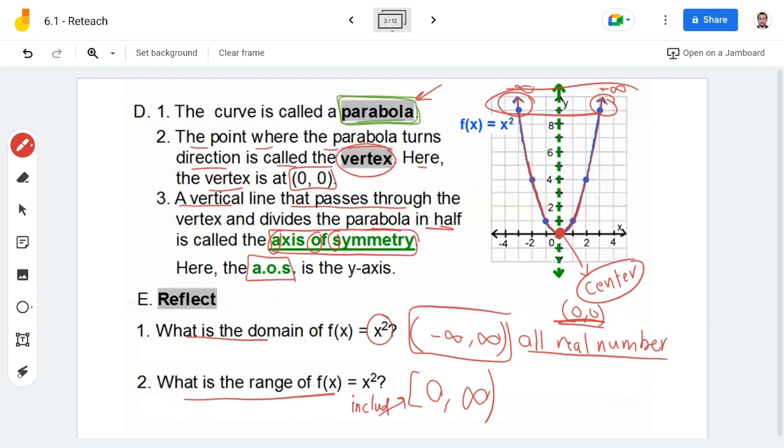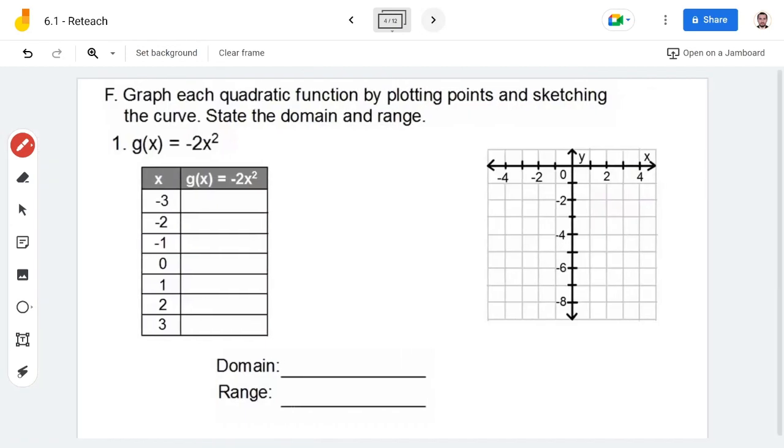Okay, now let's continue and learn how we can graph if we have a. So negative 2 here is a, right? Because we know the function is ax squared plus bx plus c. Now b is 0, c is 0, so we have a x to the power of 2. So it looks like the question here. Now, let's substitute. Negative 3 replaces x here.